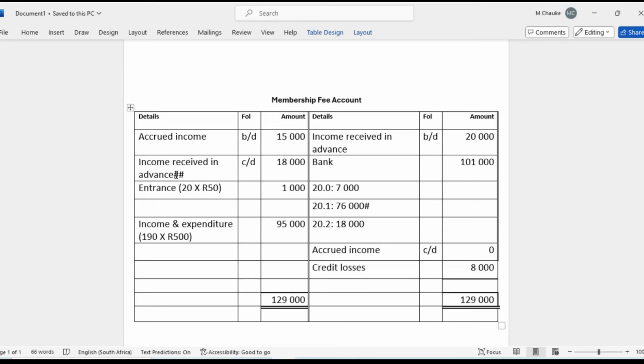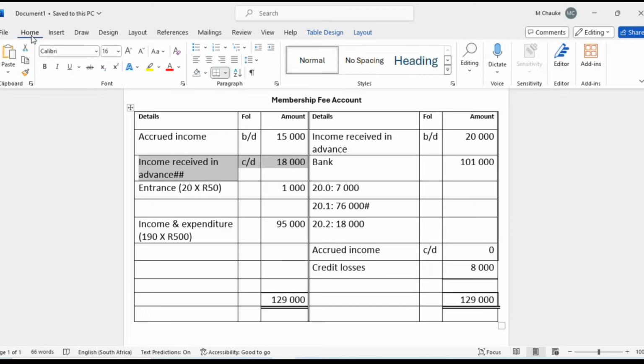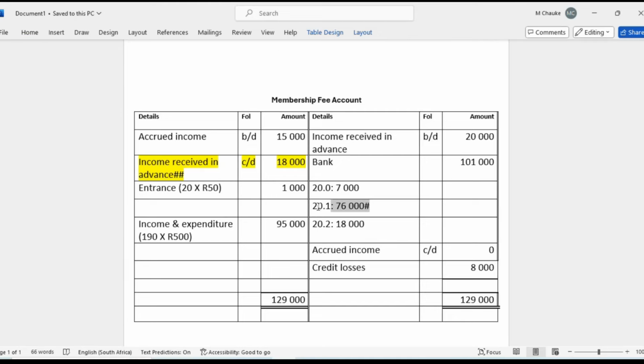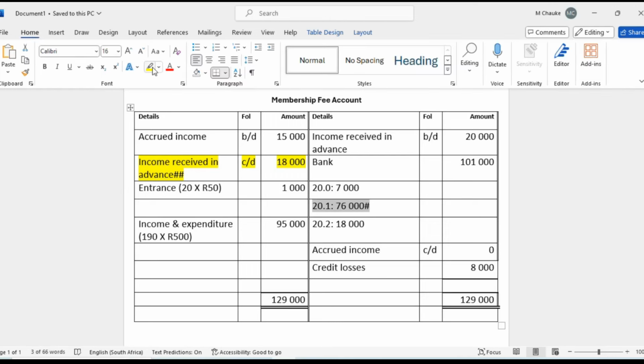Those were missing figures, right? And then this is your membership fee account. You see how easy membership is. Very, very easy. So these two were missing figures. That is why I'm highlighting them for you.